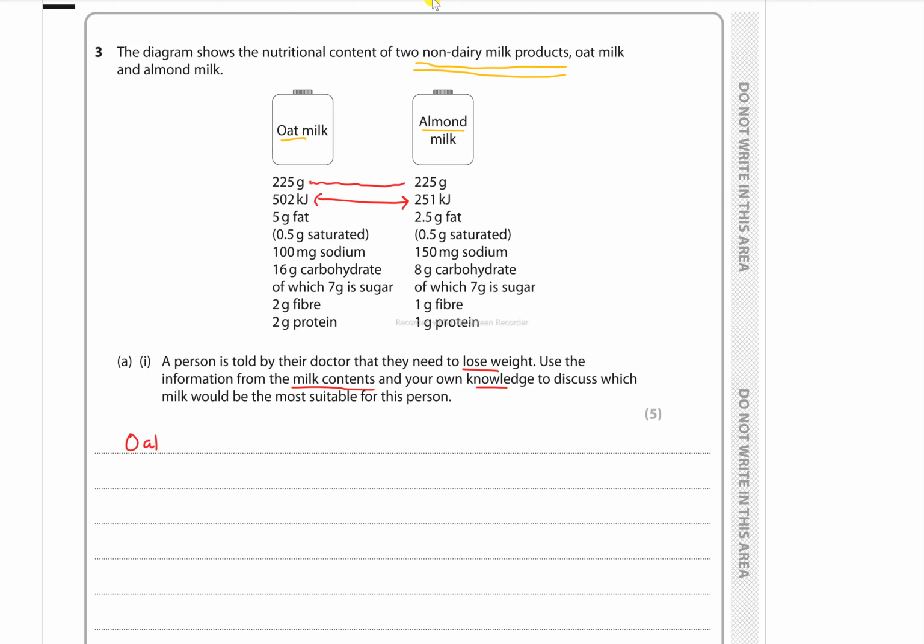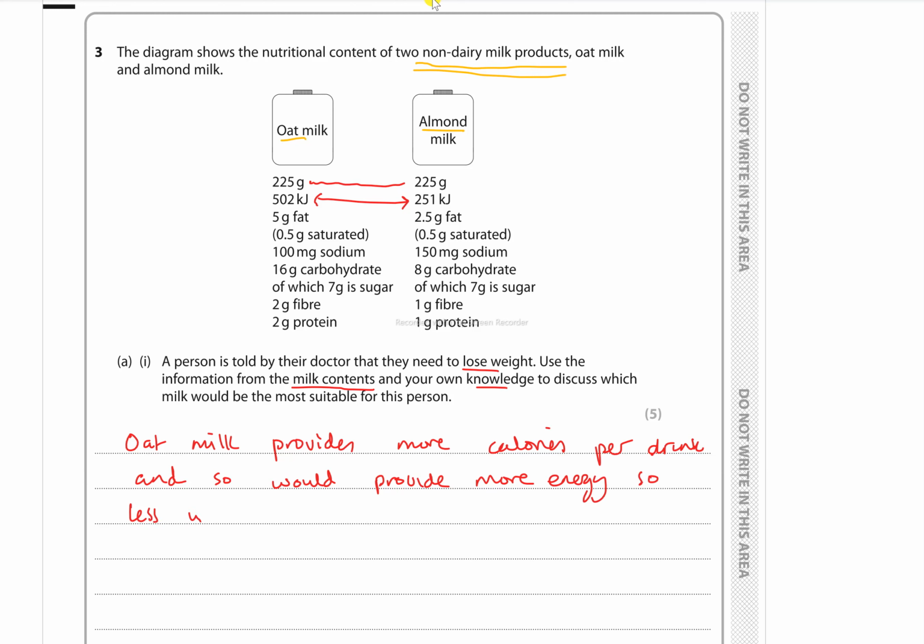So the oat milk provides more calories per drink, and so would provide more energy. So less weight loss. Right.